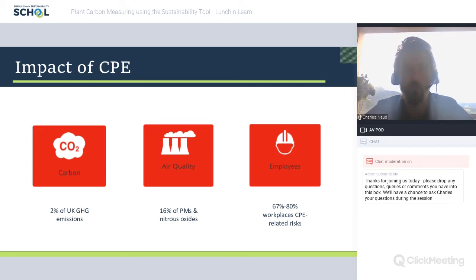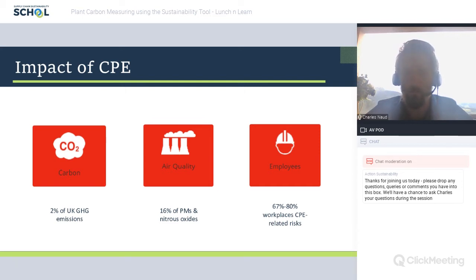And in total, that represents around 2% of UK greenhouse gas emissions, which is equivalent to about 10 million tons of CO2. An example, I believe, is that it equates to around 300,000 homes being powered for the year. So it's quite a large amount of carbon emissions that this space and construction is producing, and therefore one that we definitely want to tackle as much as possible and find efficiencies where possible.